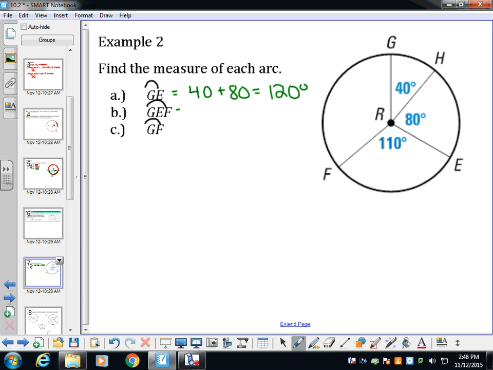GEF would have to be 40 plus 80 plus 110. And G to F would obviously be whatever's remaining, so it would be 360 minus the 230, so it would be 130 degrees.